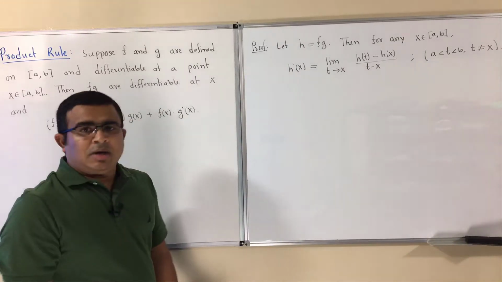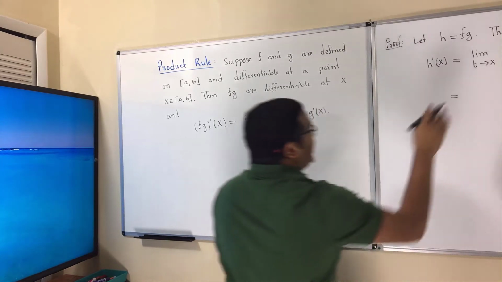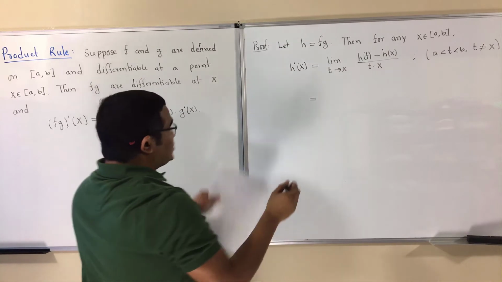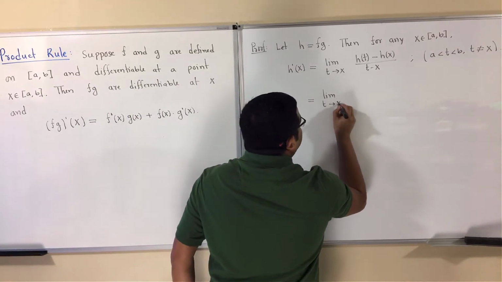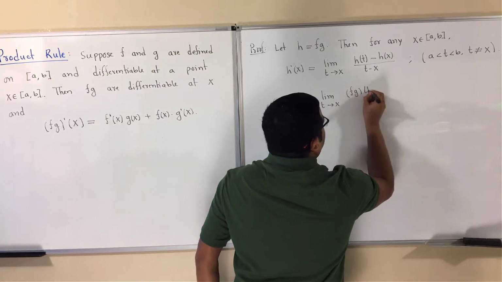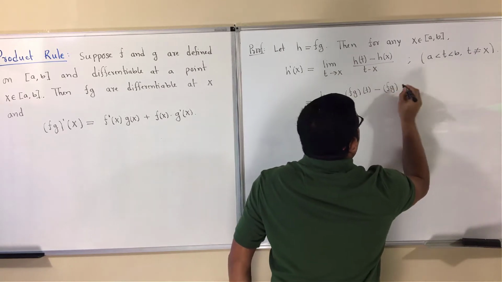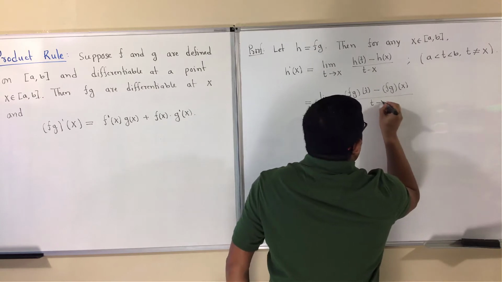Okay. Now what we will do, we assign h equals f of g. So plug that here. So limit of t approaches x, f of t g of t minus f of x g of x over t minus x.